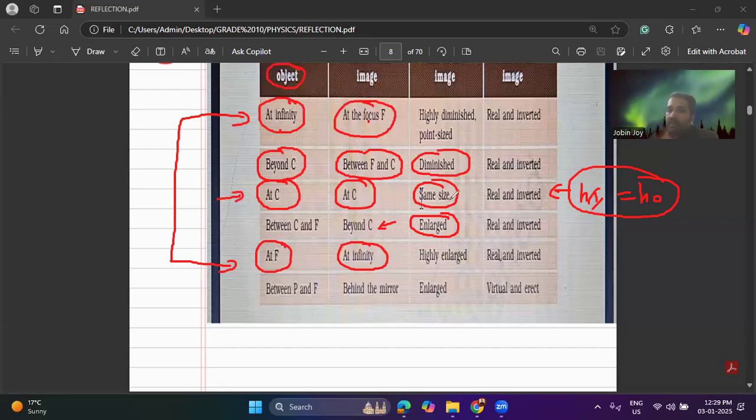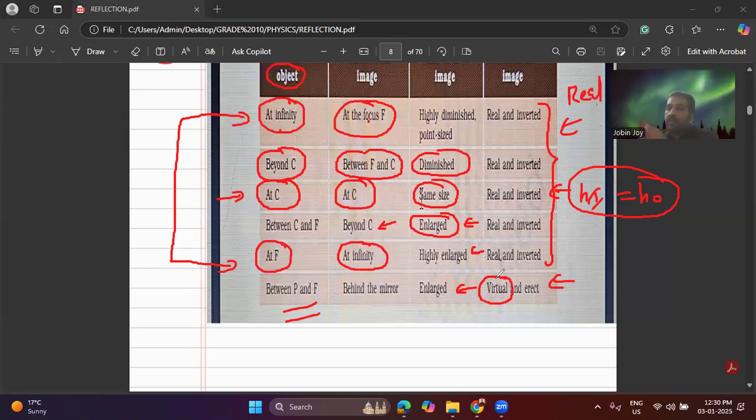Okay, so at C we will be getting the same size. Then between C and F, the size is enlarged. At focus, the size is enlarged. Between P and F, the size is enlarged. Okay, all the cases, the images are real. Only one case, the last case: if the object is between P and F, the image is virtual. Virtual means the image is behind the mirror.